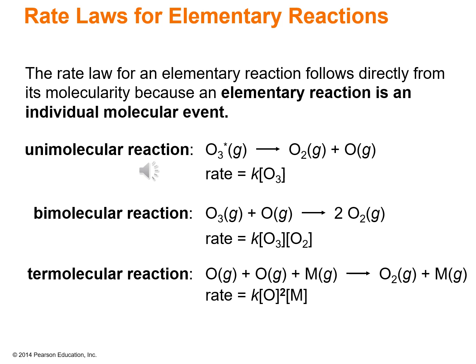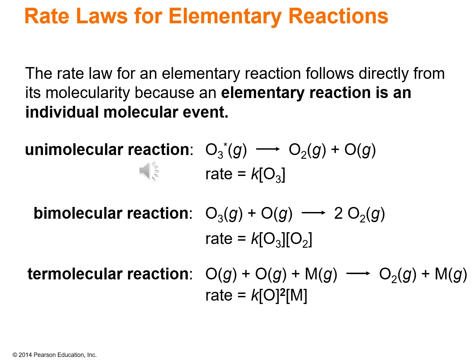The rate laws for an elementary reaction follow directly from its molecularity because an elementary reaction is an individual molecular event. So the concentration of each reactant in an elementary reaction appears in the rate law with an exponent equal to its coefficient in the chemical equation for the elementary reaction. For example, if you're looking at the unimolecular decomposition of ozone, you're going to have O3 forming O2 plus oxygen.